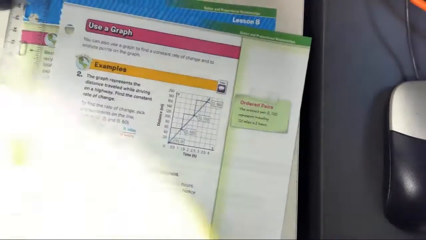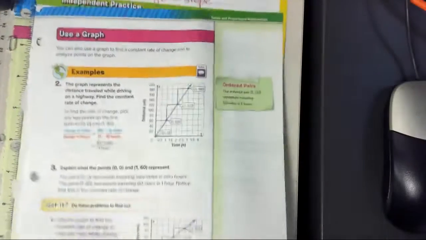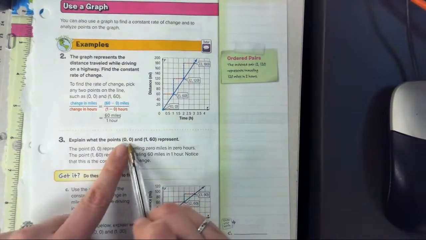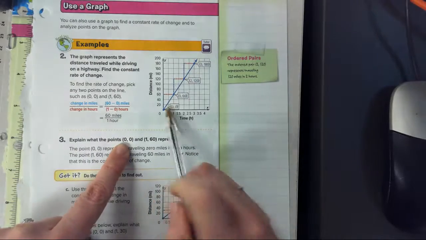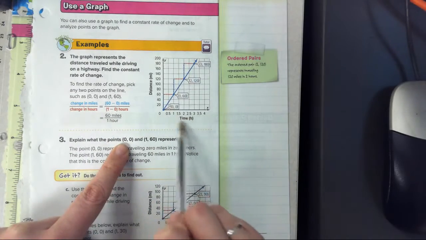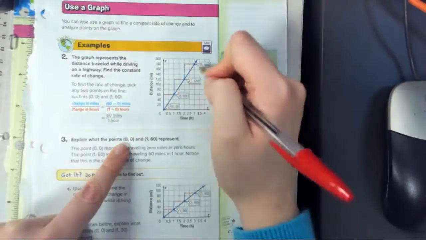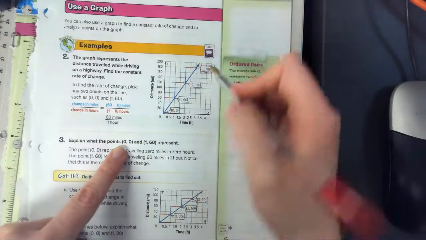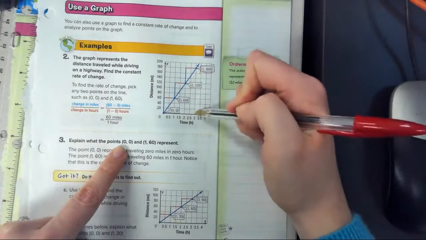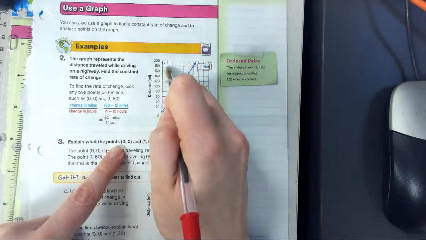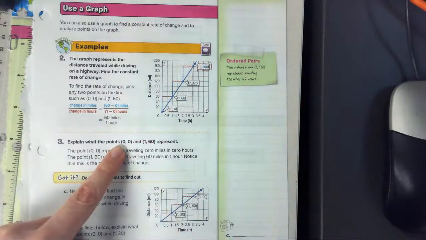A couple things that you need to know, though, is it might ask you to explain what points mean. Well, in this case, if it asks you to explain what 0, 0 means, it means in 0 hours you travel 0 miles. Maybe if they asked you that one, it means at 3 hours you traveled 180 miles.